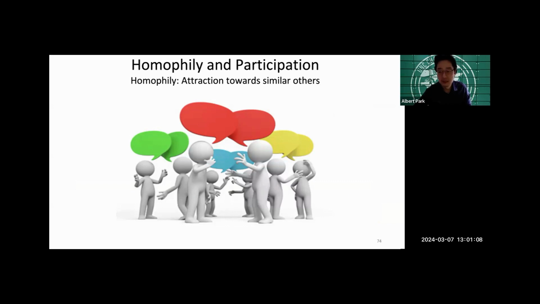So I looked at this issue of using similar vocabulary, or homophily of vocabulary, and active participation. Homophily is our tendency to associate with similar others, and similarity could be looks, backgrounds, hobbies, or language. And in this case, I use language, or choice of words, as a form of homophily.